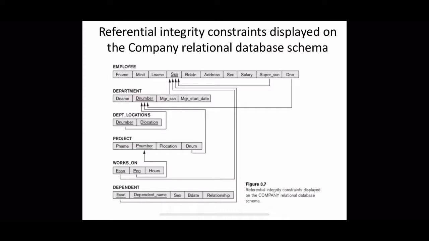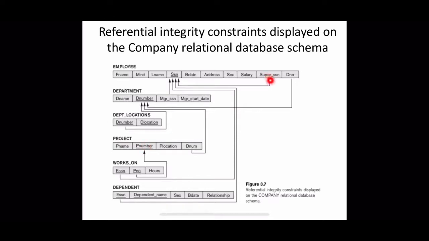Like that, the D number inside the department location also refers to the D number in the department. So D number in department location can be treated as a foreign key, whereas it's the primary key in the department. Like that, the PNO in the works-on relation refers to the P number in the project. So PNO here is a foreign key and it's the primary key in project.